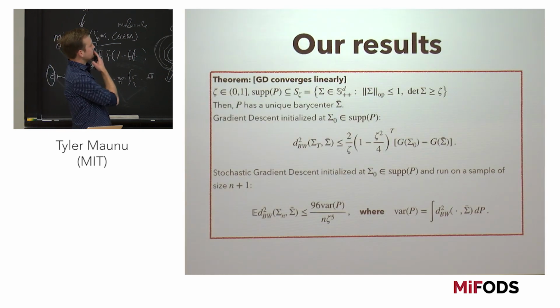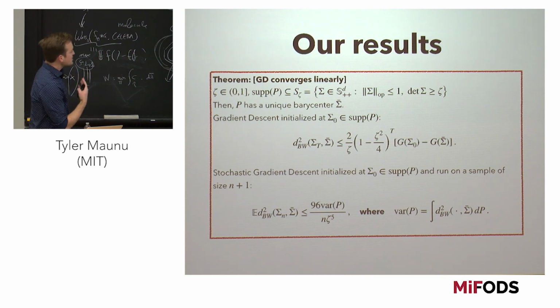OK, so if we are able to prove this PL inequality, then we actually get a result. And I'm going to show you the result that we get now, because the spoiler is we actually do get a PL inequality on the Bures-Wasserstein manifold. The assumption that we make is given at the top.